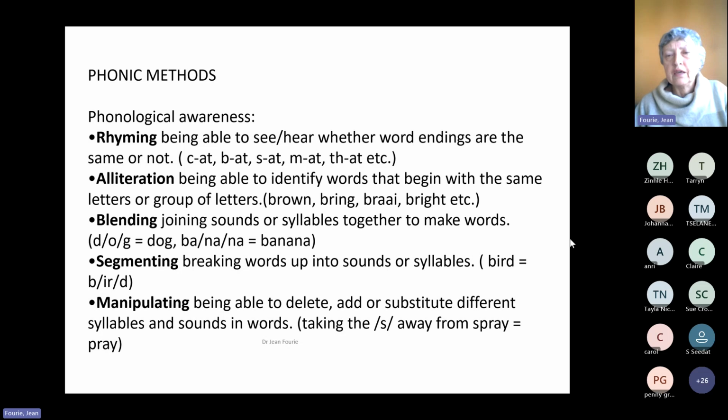So if I say, I'm going to give you a word, the word is spray, take the s out of the word spray, what word are we left with? And they must be able to say pray. So deleting or adding or substituting. So manipulation of words and of sounds is really useful in order to improve phonological awareness.